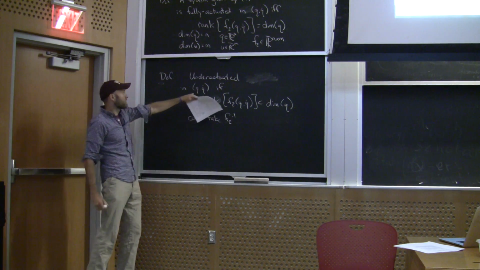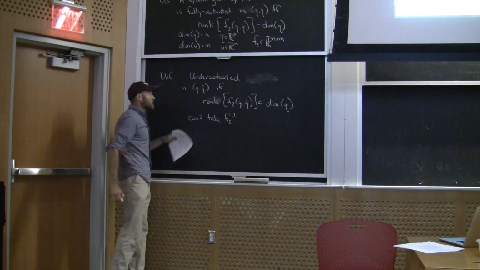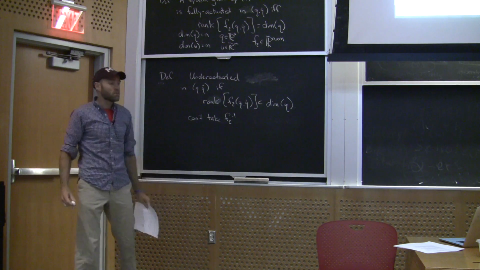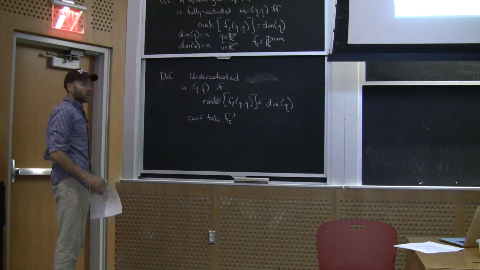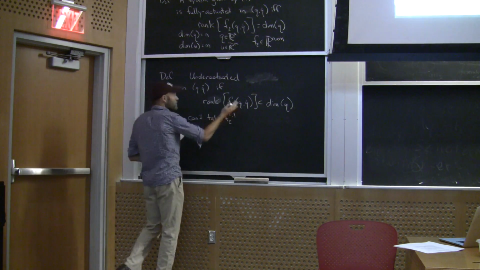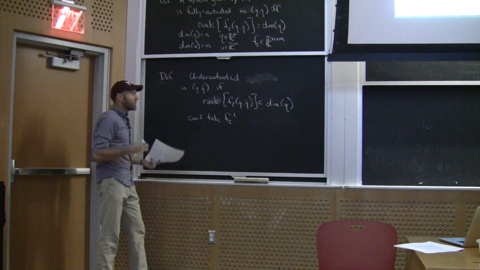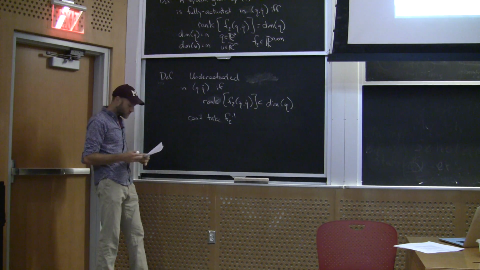So it's actually a configuration, state dependent, it's dependent on position and velocity in this case, property of the system. We'll say that the system is underactuated if this is ever the case, right? If there's any Q and Q dot for which this is true, we'll call it an underactuated system.